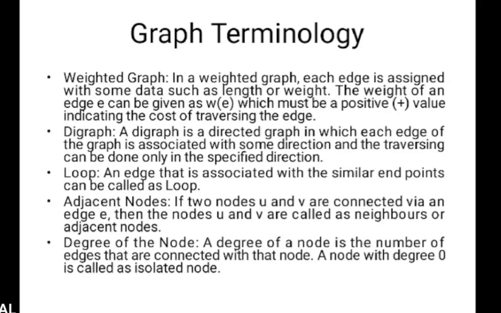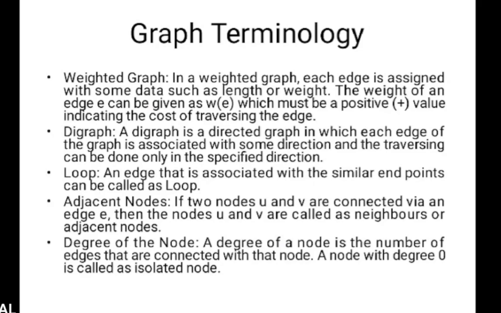Then degree of the node is the number of edges that are connected with that node. A node with degree 0 is called an isolated node. Like there are certain edges which are leaving the graph or which are joining the graph. So the total of such edges is called the degree of the graph.